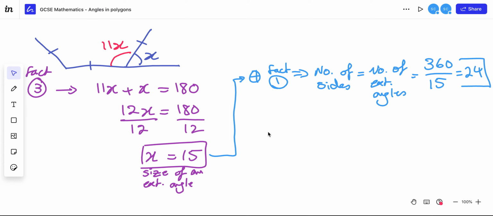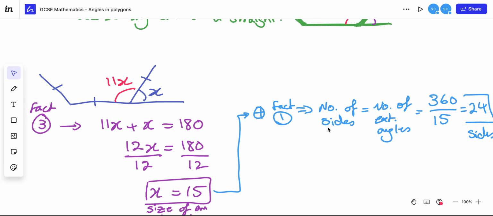So the question was, how many sides would our regular polygon have? The answer is 24 sides. I hope this fast recap of angles in polygons helps you.